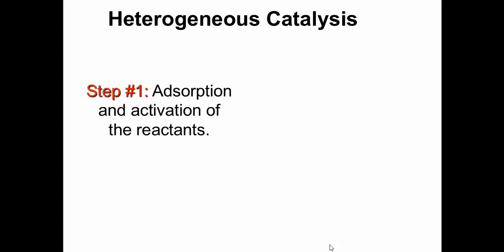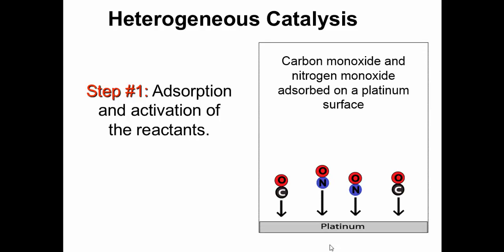First, what happens is the gas is able to be adsorbed onto a platinum surface. This particular one we're looking at is the one used in cars. This is a catalytic converter. So you have carbon monoxide and nitrogen monoxide. They get adsorbed onto the surface of the platinum.